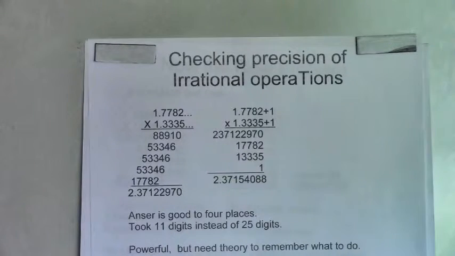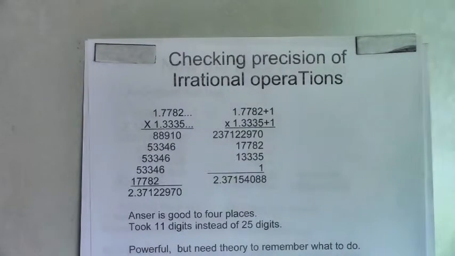But we now get our answer as 2.3712, etc., and we're wondering how many places it is good to, since there are an infinite number of digits that follow those dots. So we just increase the 5th digit by 1, and we make use of the multiplication from the first set, do our distributive property, and we now see that the answer was good to 4 places, that we get an error in the 5th place.